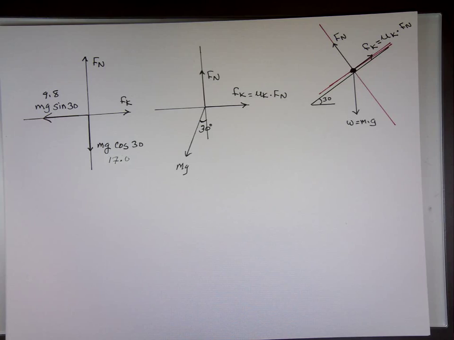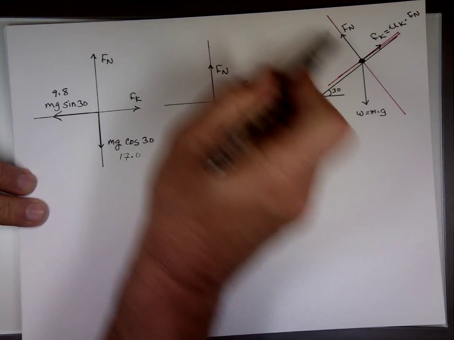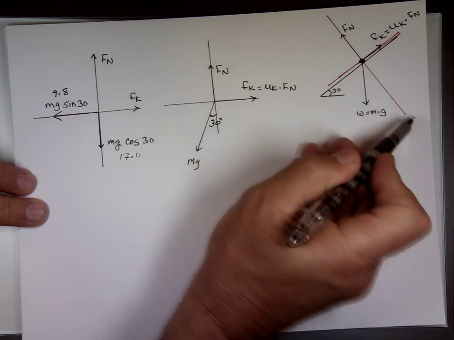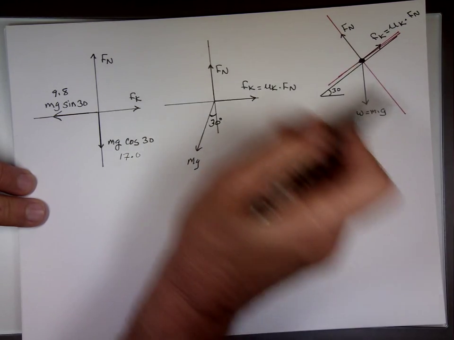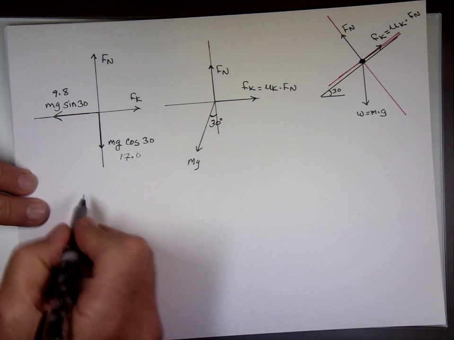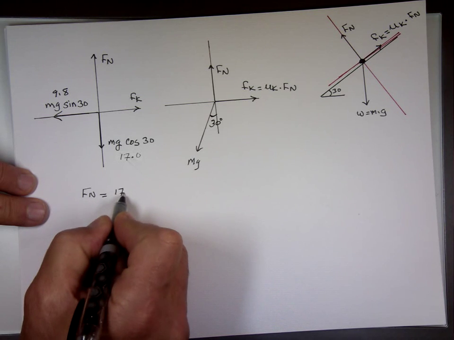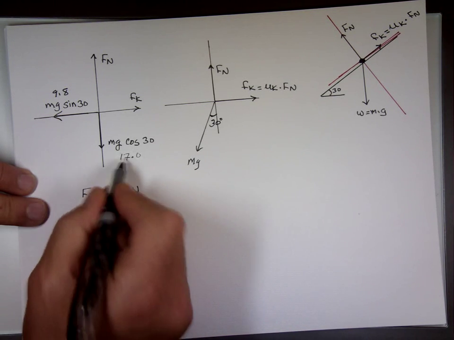Well, that bowling ball was sliding down, so it was not moving in this direction. In the y direction, there was no movement. It wasn't bouncing like a basketball. That tells me the normal force has to equal 17 Newtons.